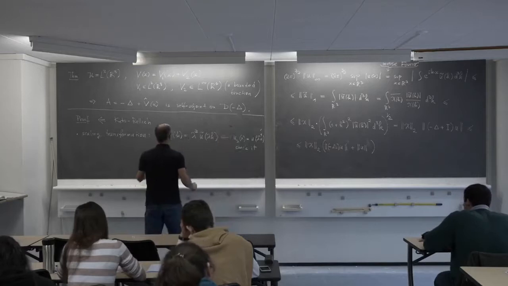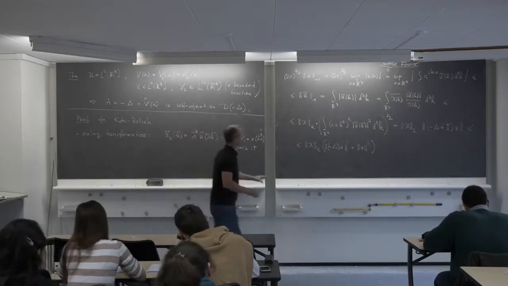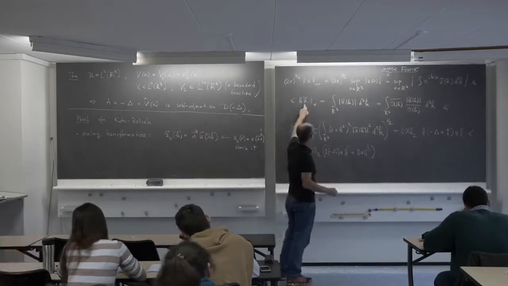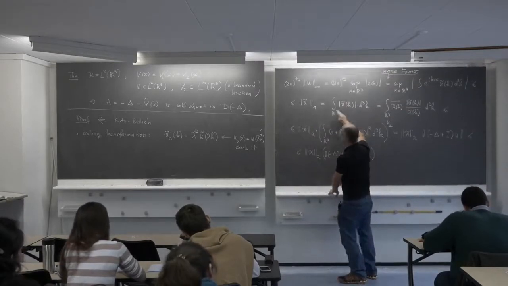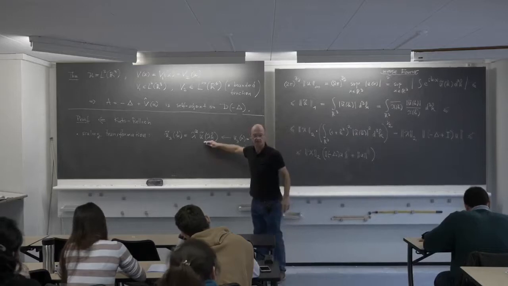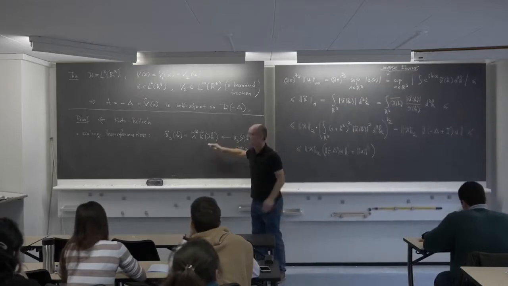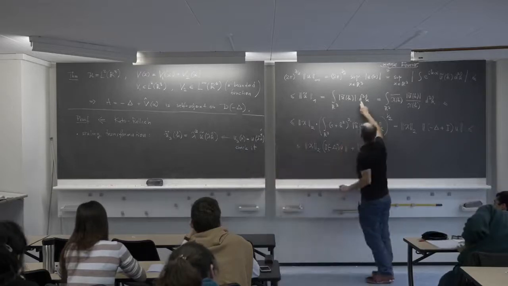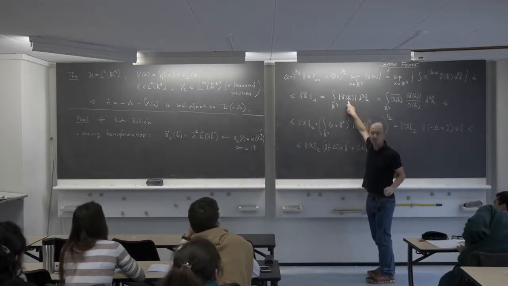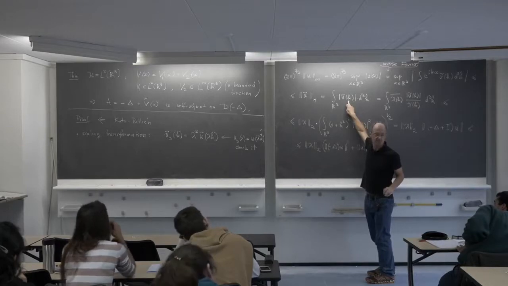All right. So now notice the following. When you do the one norm, if you do such a rescaling in the one norm, then this lambda cube would exactly compensate the change of variables for k to lambda k.